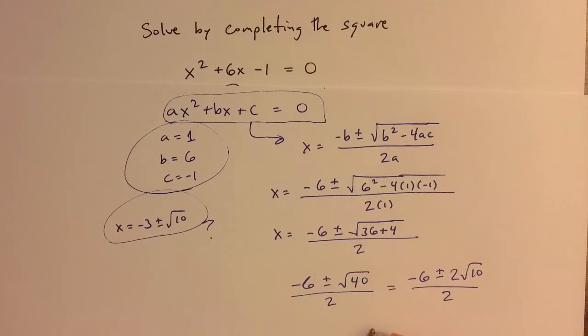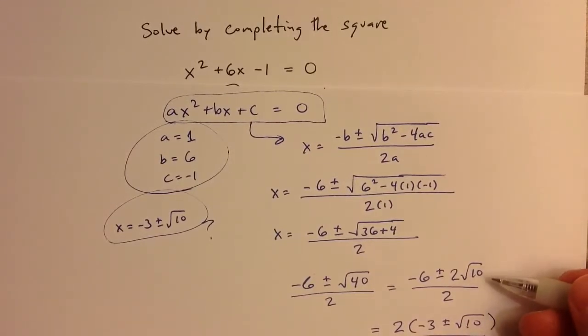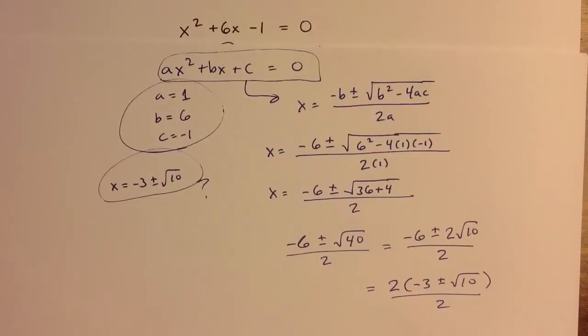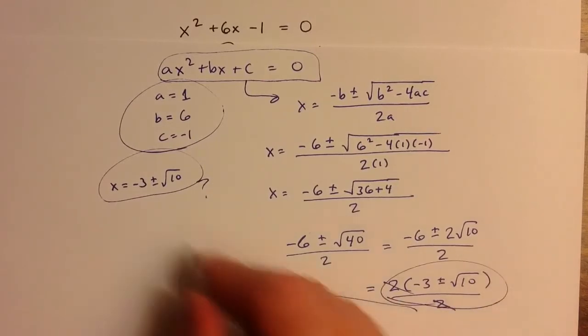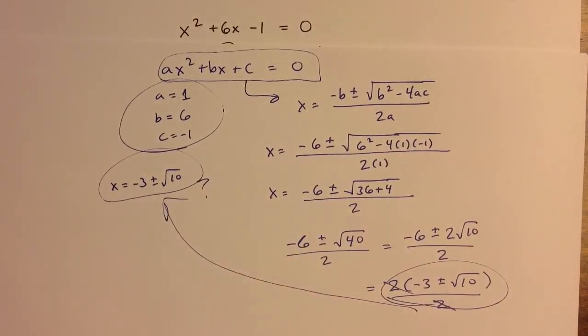So we can think of the fact that there's a common factor of 2. Negative 6 is 2 times negative 3, and 2 times the square root of 10 is the same as 2 times the square root of 10. And so that common factor of 2 from the numerator cancels with 2 in the denominator, and we see that the answer is in fact the same as we saw by completing the square.